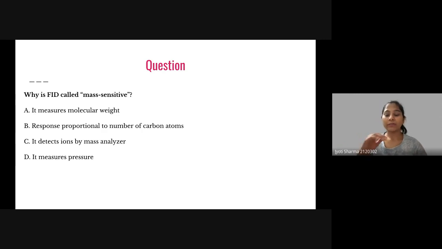Because whenever we have more carbon atoms, the signal will be more, and based on that we can detect whether this is a heavy organic compound or a lighter one, so we can have an approximate estimation about our compound. So why this is mass sensitive is because the response is proportional to the number of carbon atoms. So that's why B answer is the right one.